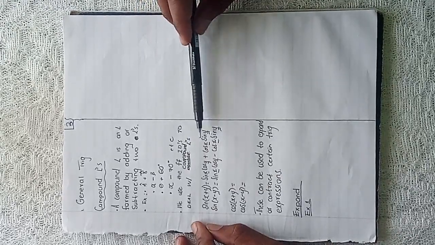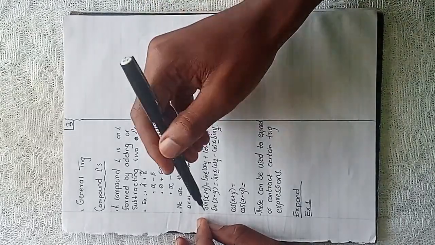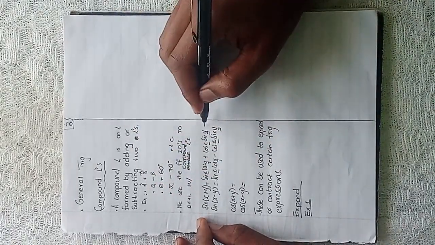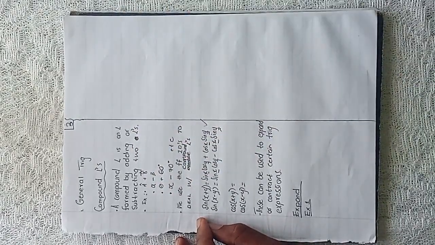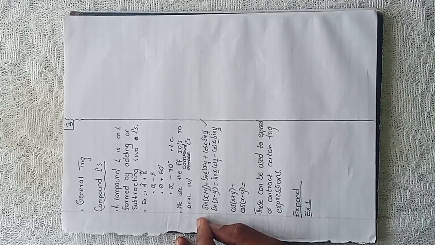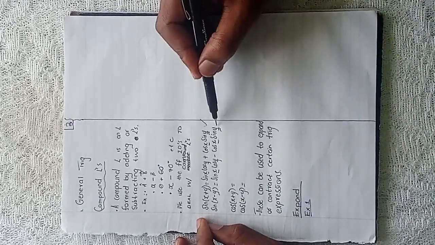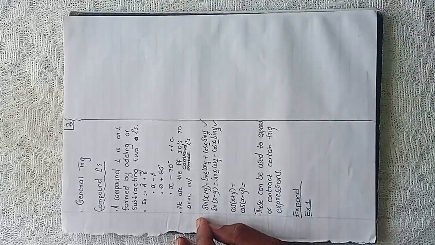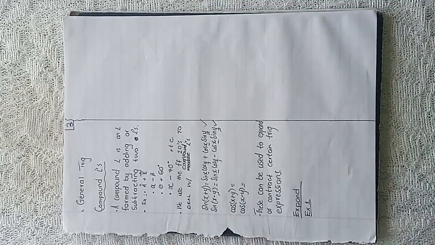The first one is sine of x plus y is equal to sine x cos y plus cos x sine y. The second one is sine of x minus y.